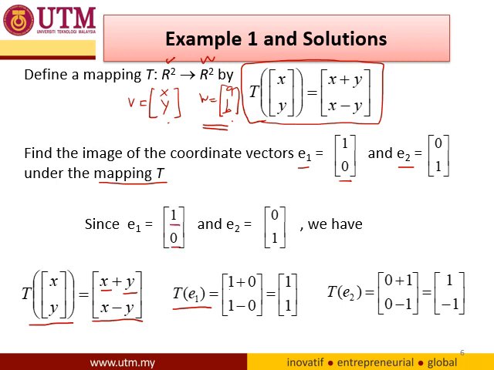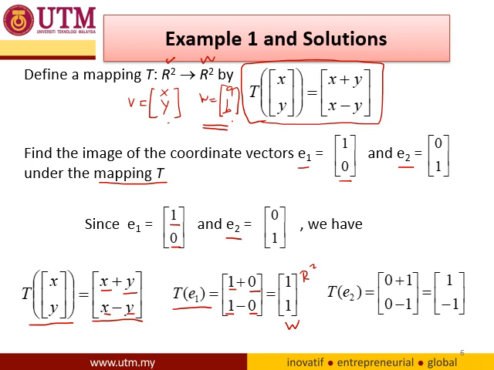So x plus y, and then looking back to the transformation, the second row is x minus y, so we get 1 minus 0. After that you get (1, 1), which is the image w here, still in R2.